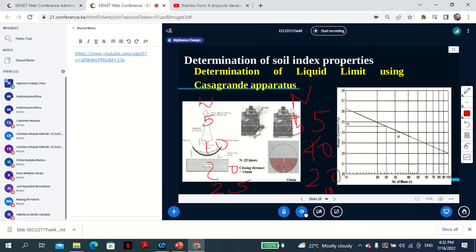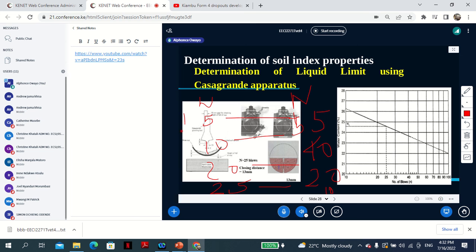Question: these soils are always the same soil, because you keep adding water content. So which soil can you pick here to roll for the plastic limit? The first, the second, the third, or the fourth?